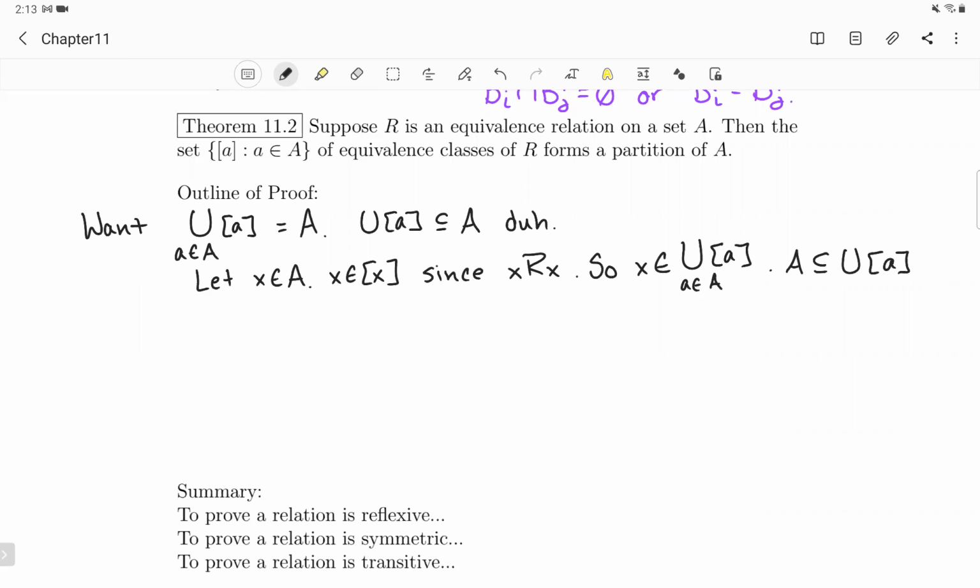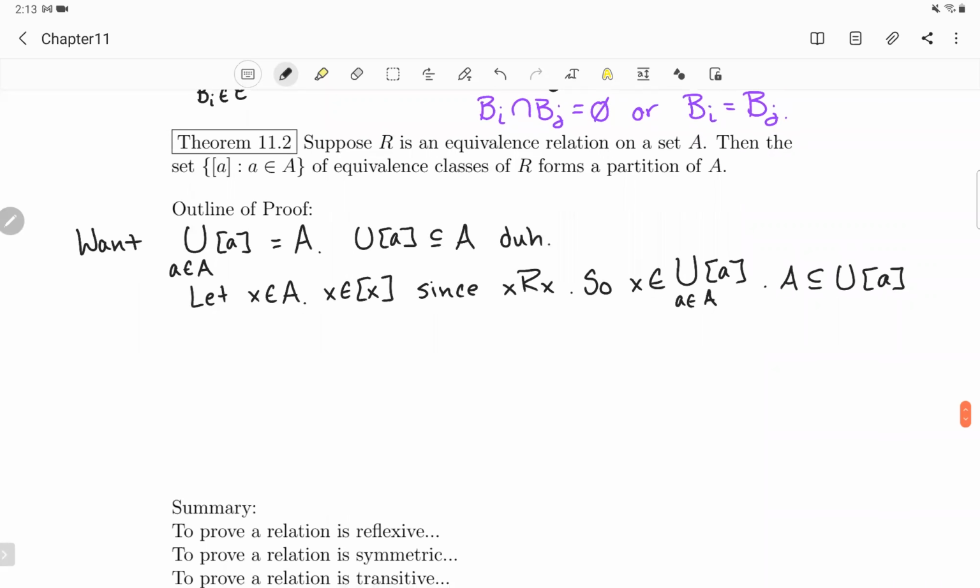So these are not a separate new grouping for every single element of capital A. You get a lot of repeats, is my point. Because when I take the equivalence class of 1, if I'm doing mod 3, 4, 7, 10, they're all actually the same set. I'm just taking the same equivalence class over and over. Okay. All right. So we got the union part.